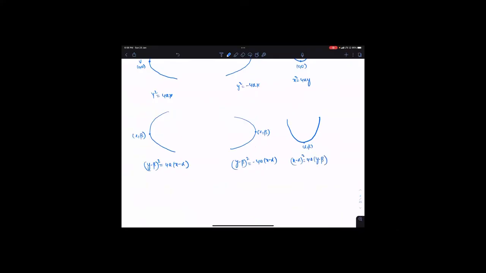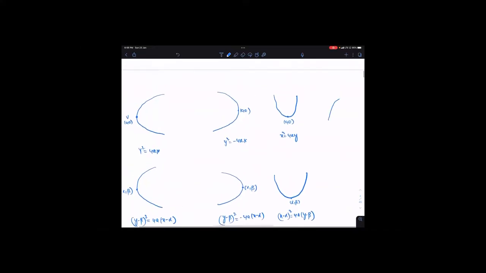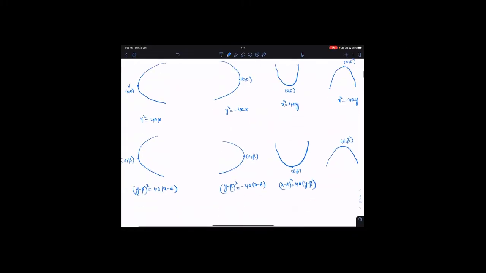You see, everywhere, if the vertex is alpha beta, we are replacing x by x minus alpha and y by y minus beta. And same way, if it is opening downwards with the origin as vertex, then it will be x square equals minus 4ay. If the vertex is alpha beta, then the equation will be x minus alpha whole square equals minus 4a into y minus beta.